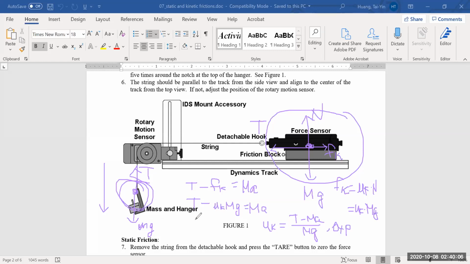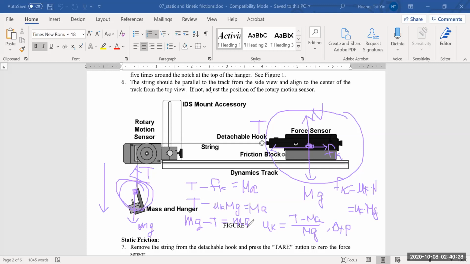So you can set up another equation, which is your mg minus tension is equal to ma. So this is very similar to the two-body system that we discussed in the lecture, and also the problem solving.